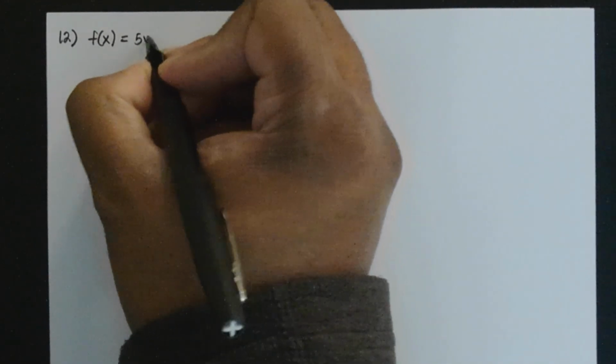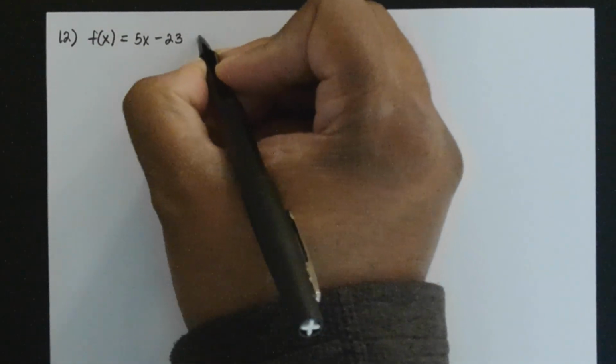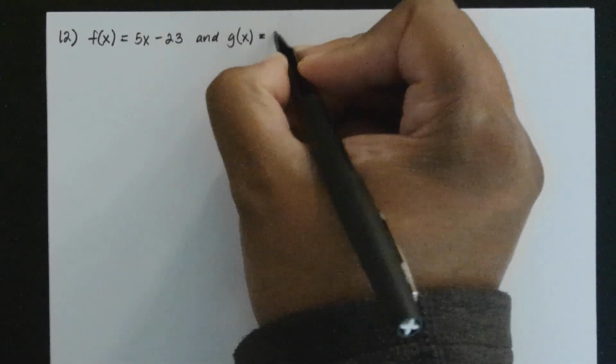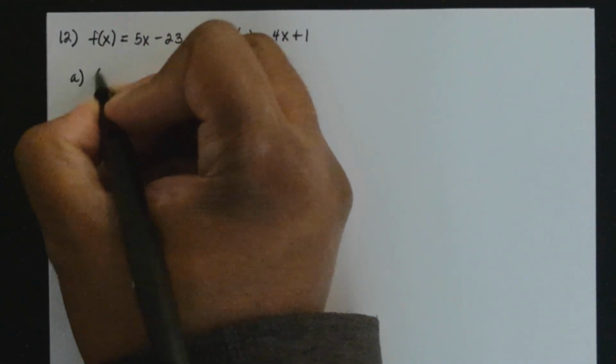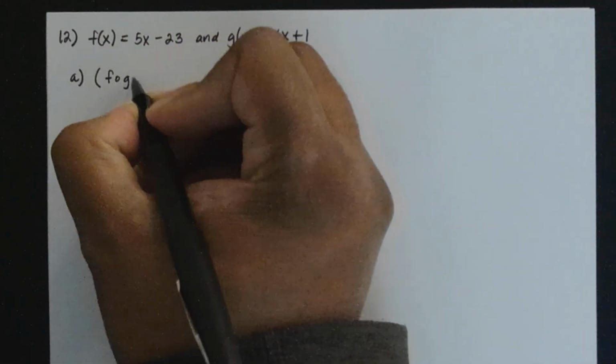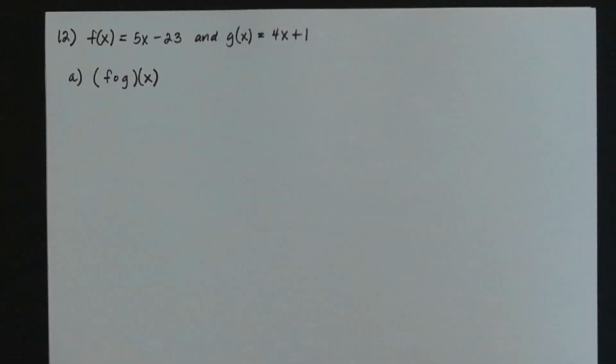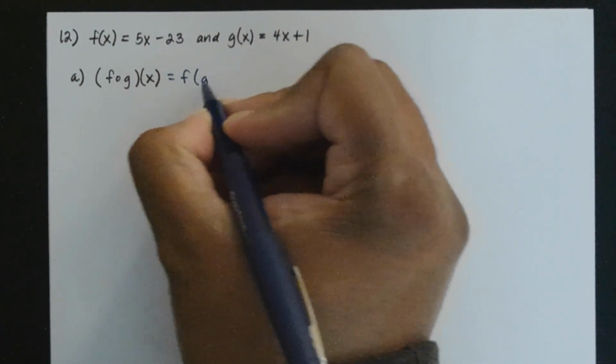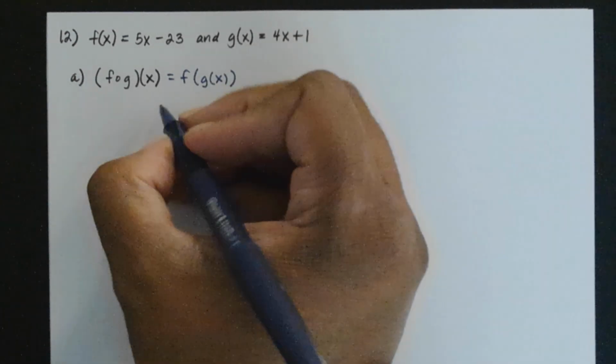So number 12, I'll just write this out. f of x is equal to 5x minus 23. And g of x is equal to 4x plus 1. And we're looking for the composition of f with g of x, which simply means f of g of x.